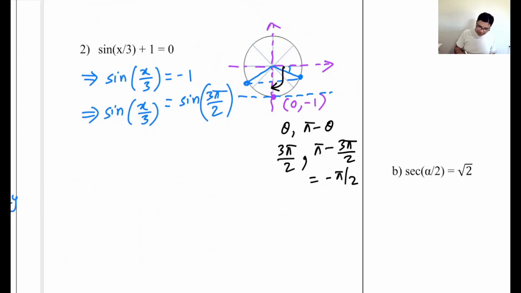Okay, so sine x over 3 equals sine 3 pi over 2, and that gives you x over 3 equals 3 pi over 2. Then what? Periodicity, right? Plus 2k pi. We are writing all general solutions, all possible solutions.